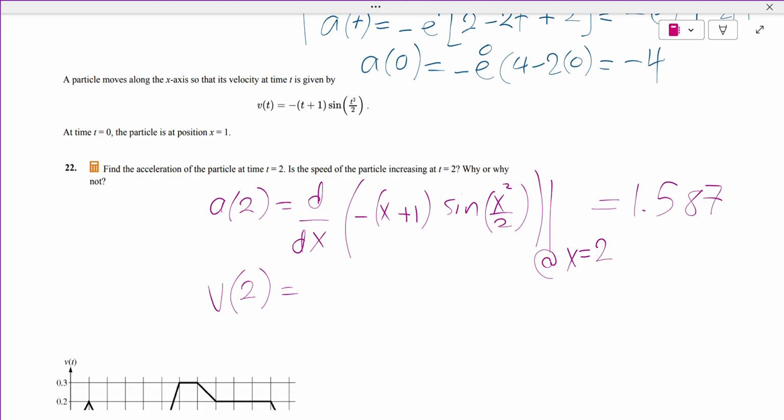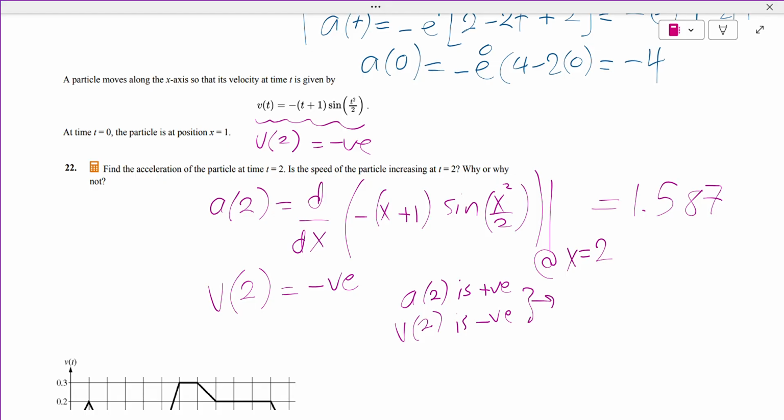Okay, you need v of 2 now. By the calculator as well, v of 2 will be negative, right? Because a of 2 is positive and v of 2 is negative, so what do we say?